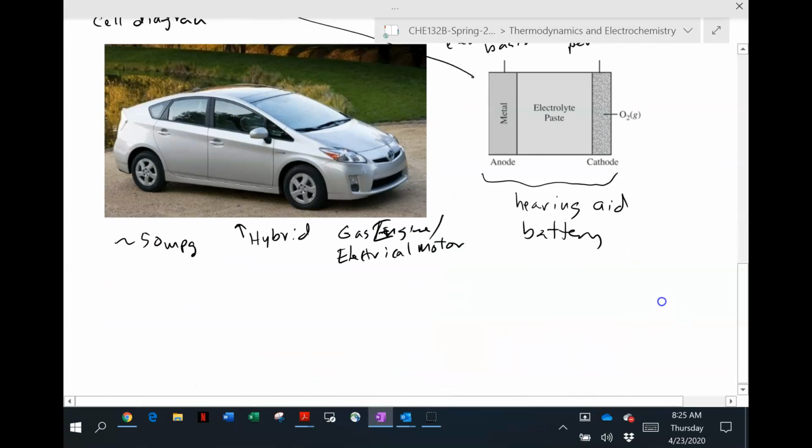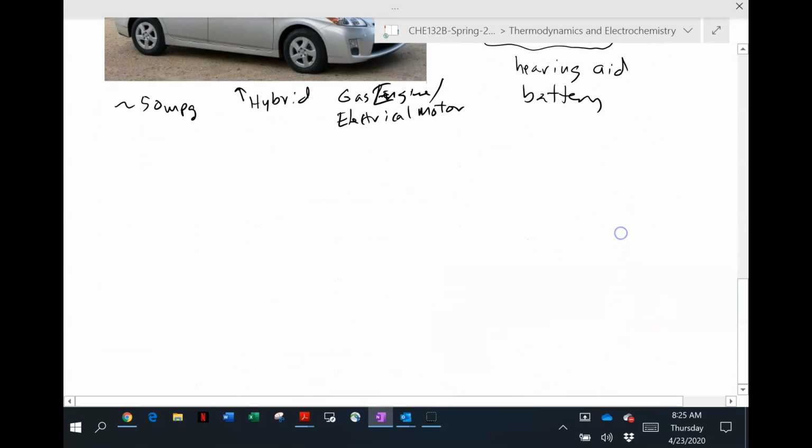Okay, so the first thing that we need to think about is that electrochemistry involves redox reactions, or oxidation reduction. We call them redox reactions.